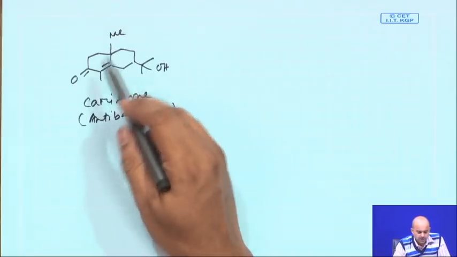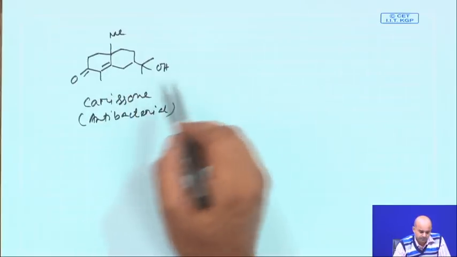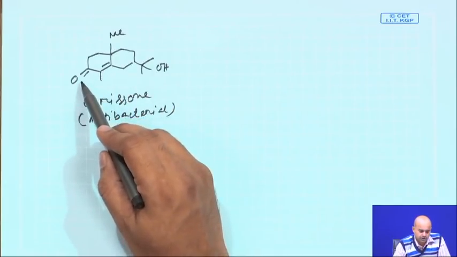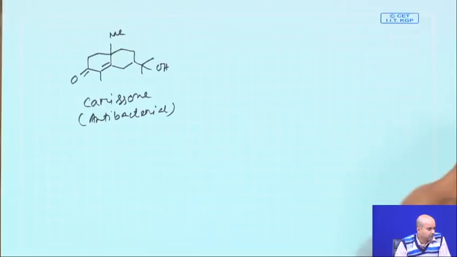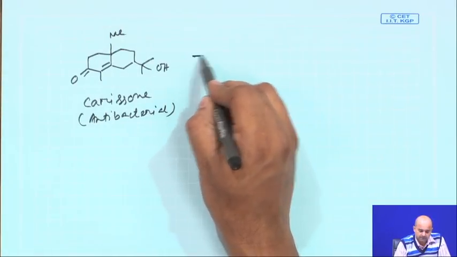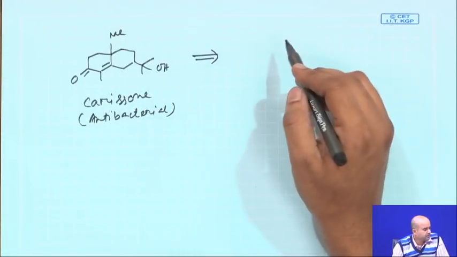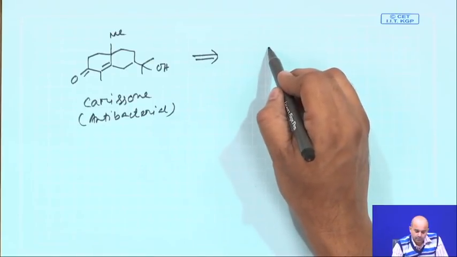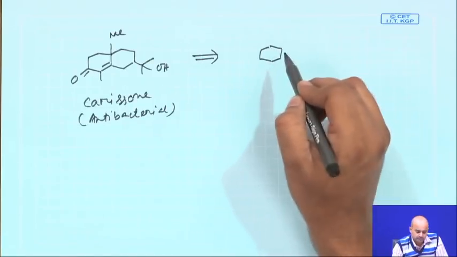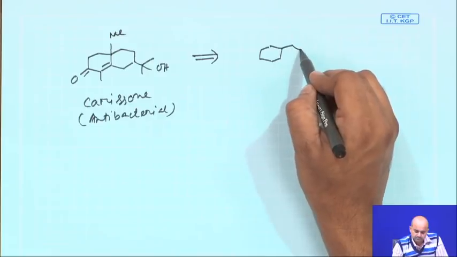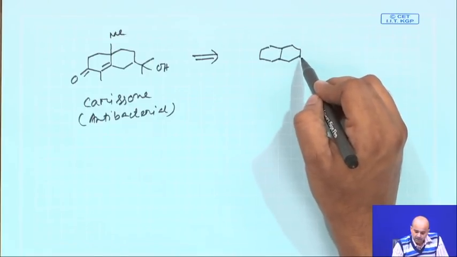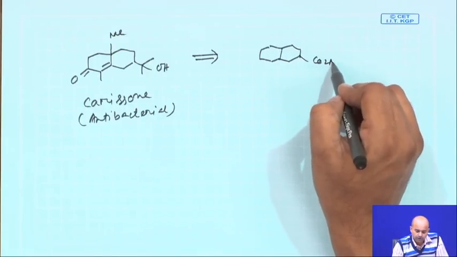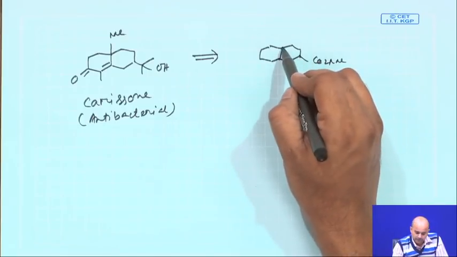Now, if you see the structure, it is a bicyclic compound, and one ring has an alpha beta unsaturated ketone, and there is a tertiary alcohol. The starting material was also given to you, fine.